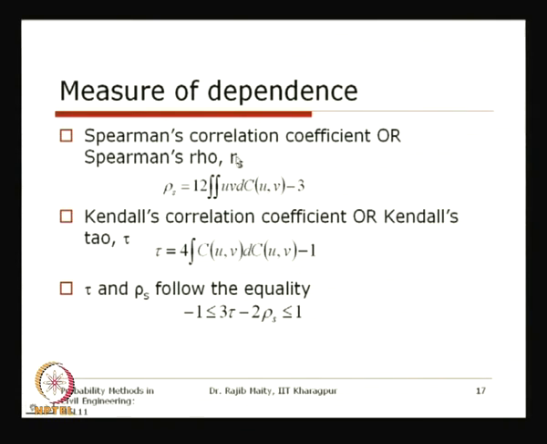Expressed through the copula, it is 12 times the double integration of u v dC, minus 3. So, with respect to the copula function C, if we integrate this function and subtract 3, this is the form of Spearman's rho, which can be derived from the copula.